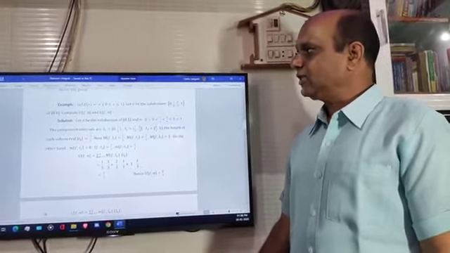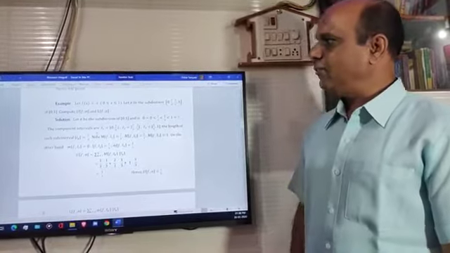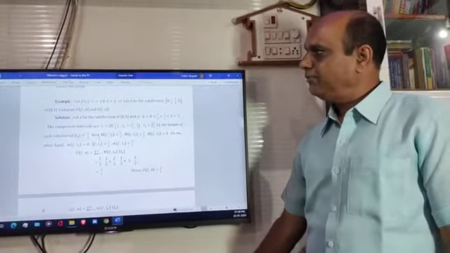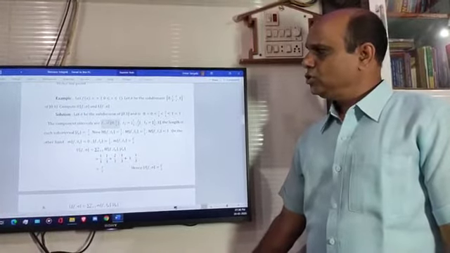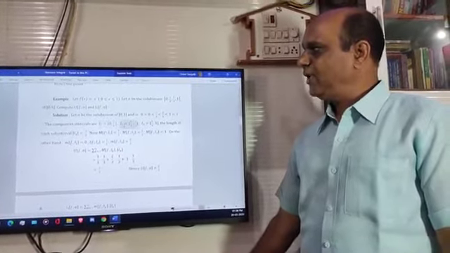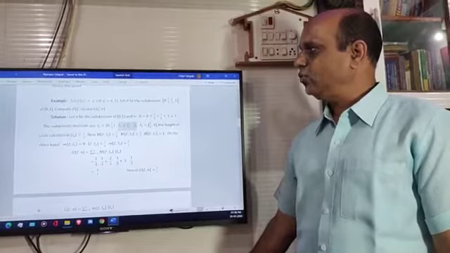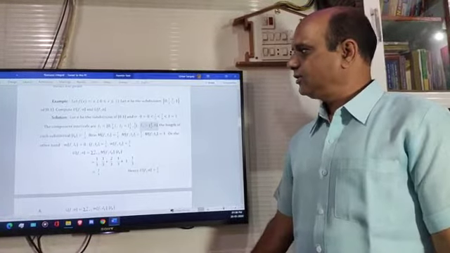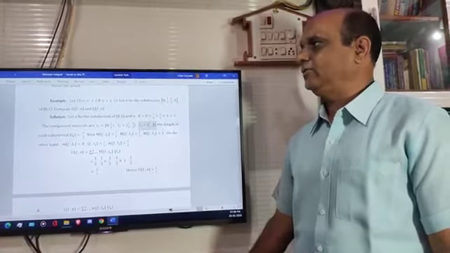Now, the component intervals corresponding to this subdivision are I1, the closed interval 0, 1 by 3, I2, the closed interval 1 by 3, 2 by 3, and the third component interval, the closed interval 2 by 3, 1.